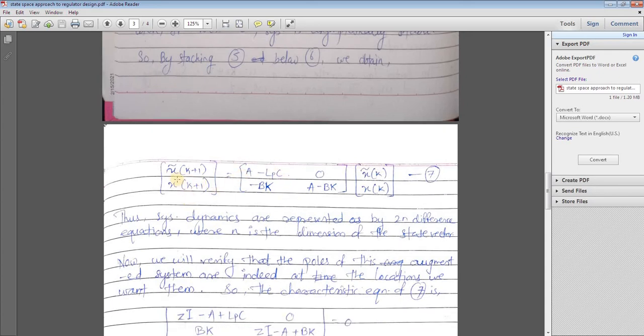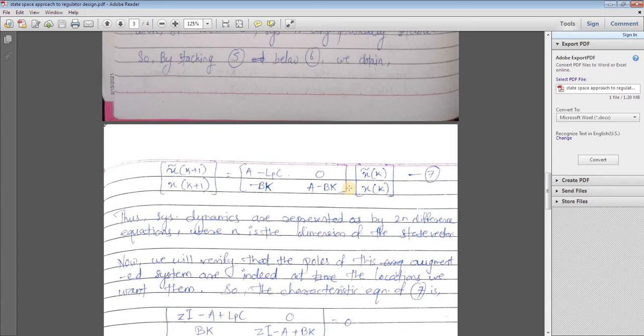So we can see here the system dynamics are represented by 2n difference equations, where n is the dimension of the state vector. If we measure all the states, however, we need to use only n difference equations to describe the dynamics.